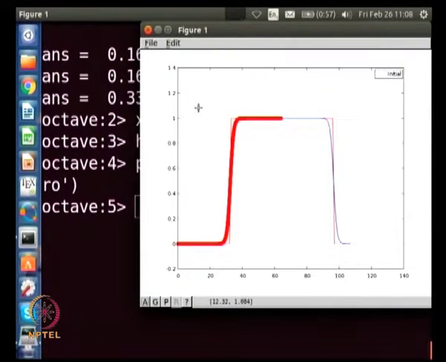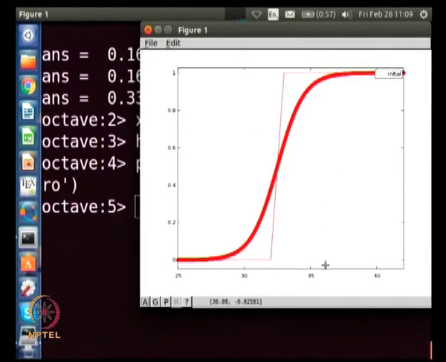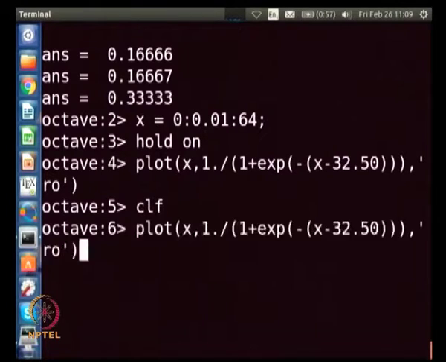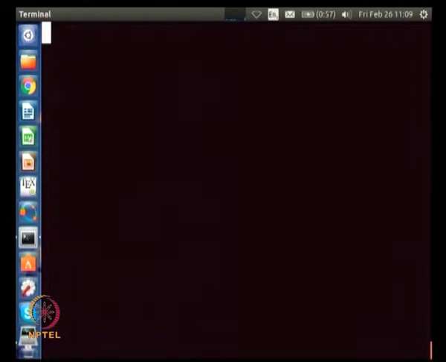As you can see, the solution matches perfectly. Okay, the points are too close. Let me clear the figure and run the code once more.